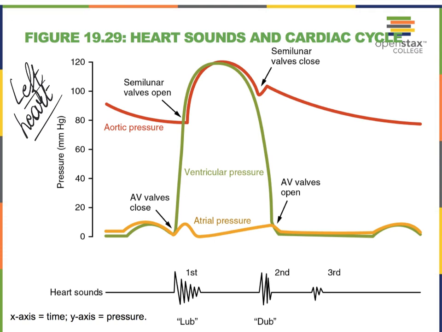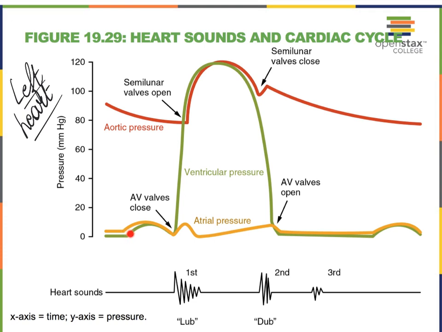So that's already one thing for us to point out. The other thing to remind ourselves of is that blood will always follow its pressure gradient. And if the pressure between two chambers or between a chamber and an artery are the same, our blood is not going anywhere. So let's start at this point in the graph.